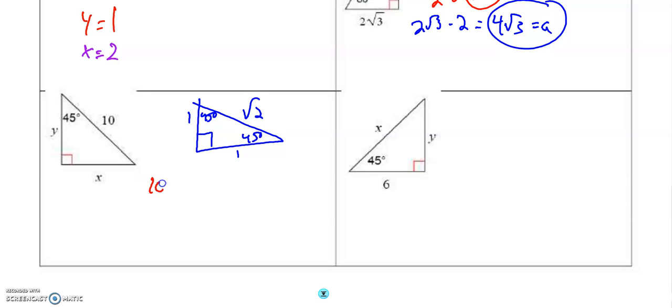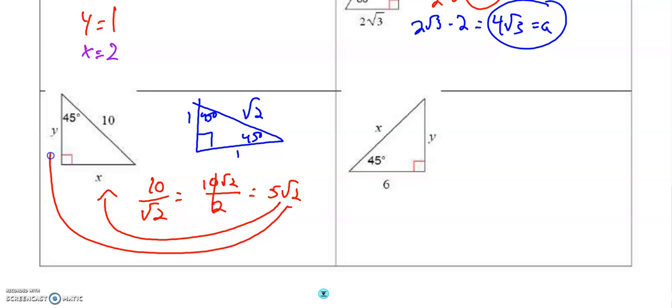We're going to take 10 and divide it by the square root of 2, and that will give us our legs. We can't have square roots in the bottom, so you multiply top and bottom by the square root of 2. And we're left with 5 radical 2, and that's what it is for x, and that's what it is for y, since they are the same. We like 45, 45, 90s because they're pretty straightforward.